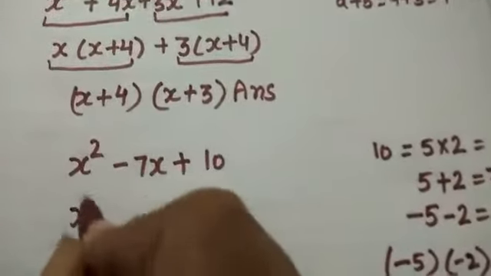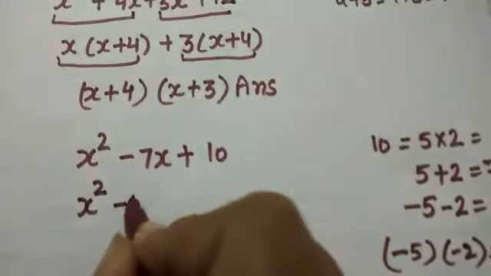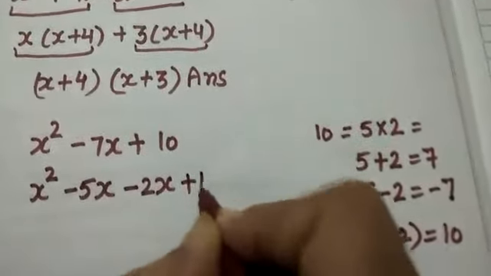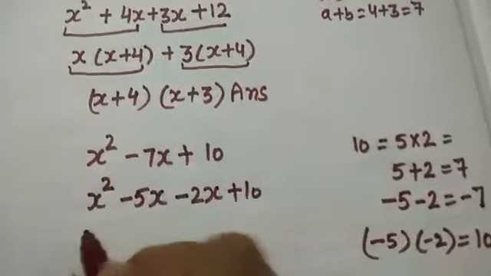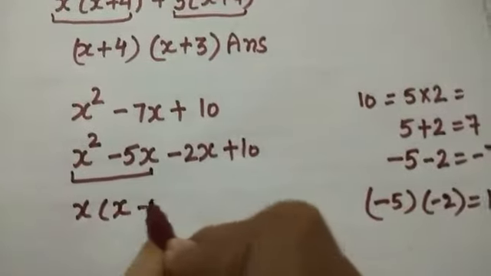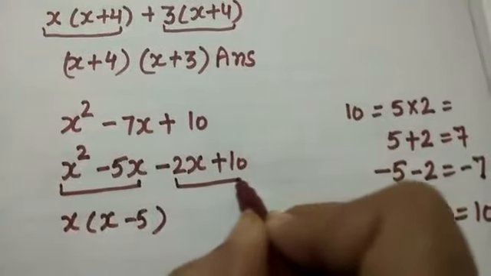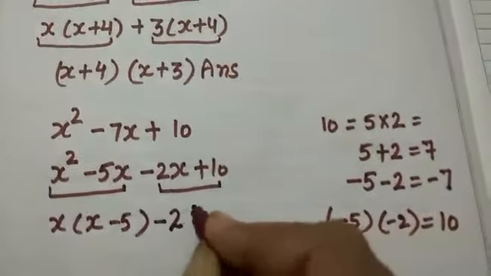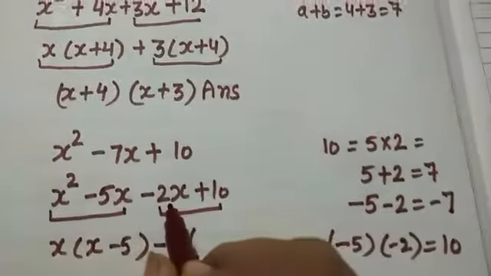Now this is x square minus 5x minus 2x plus 10. So in the first two terms x is common, and in the last two terms we'll take minus 2 common, because our third term is negative.